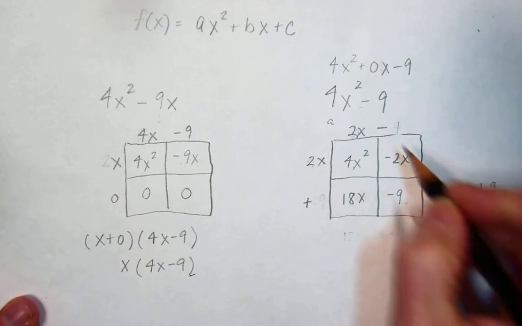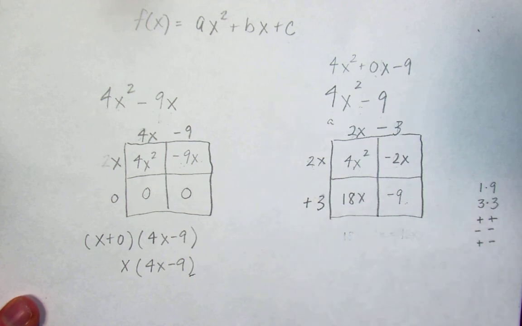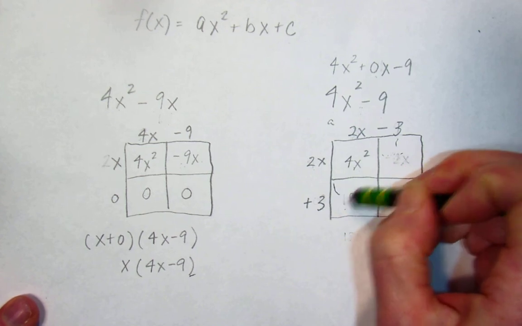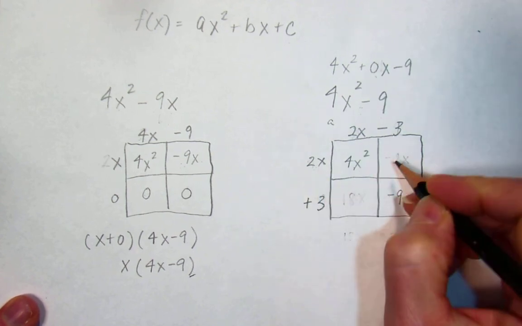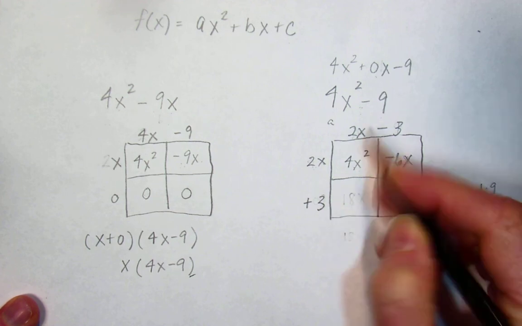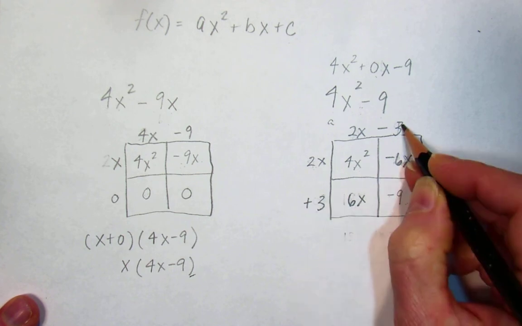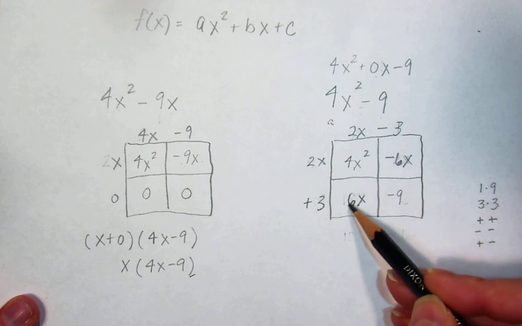Let's try instead a negative 3 and a positive 3. Well, if I change those numbers, then what's in here is going to change. 2x times negative 3 is negative 6x. 2x times 3 is positive 6x. 3 times negative 3 is negative 9. Okay, look at your terms here.